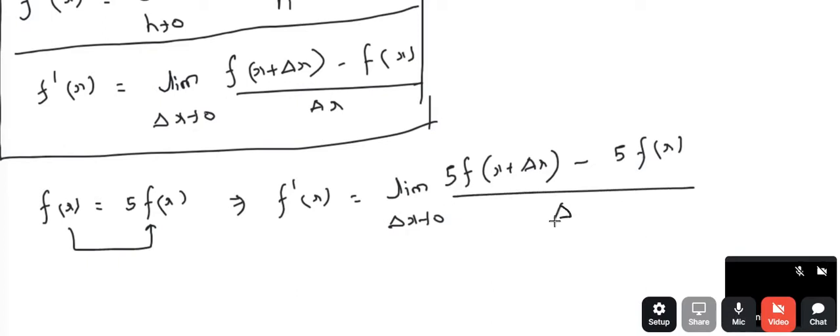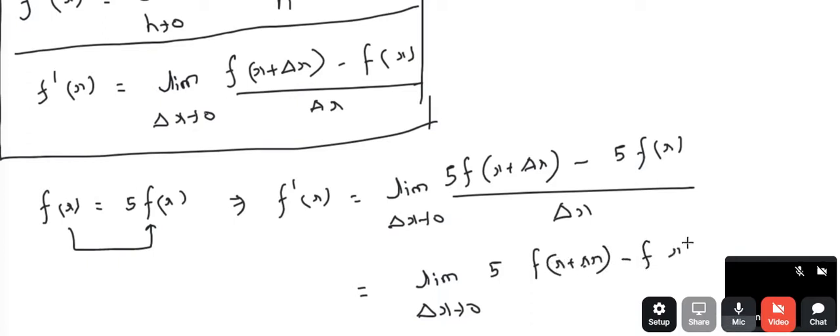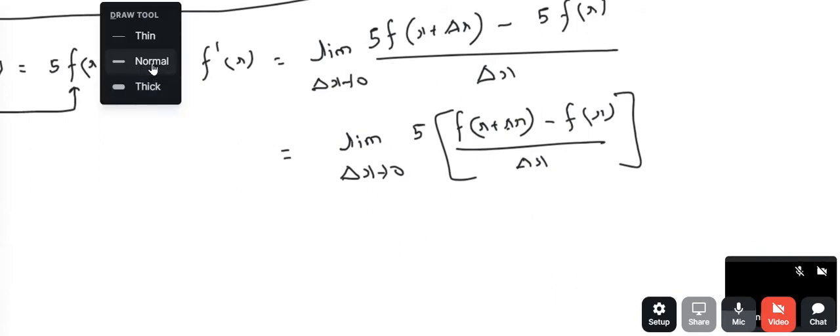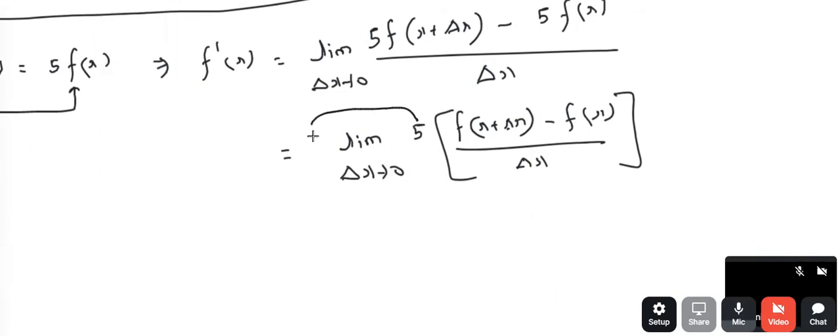all over delta x. I can rewrite this as limit delta x approaches 0. I can factor out 5 from these two, then it will become 5 times f of x plus delta x minus f of x, all over delta x. And in the next step, as you know, you can factor out the constant from the limits.